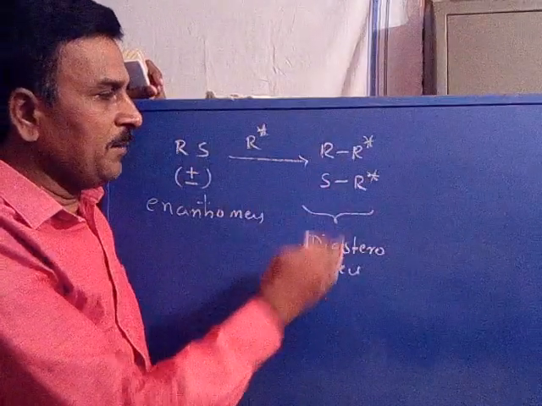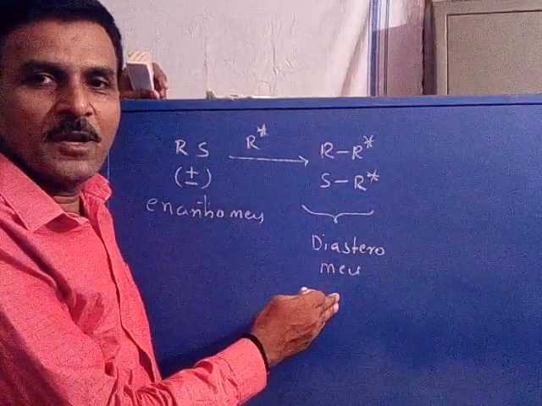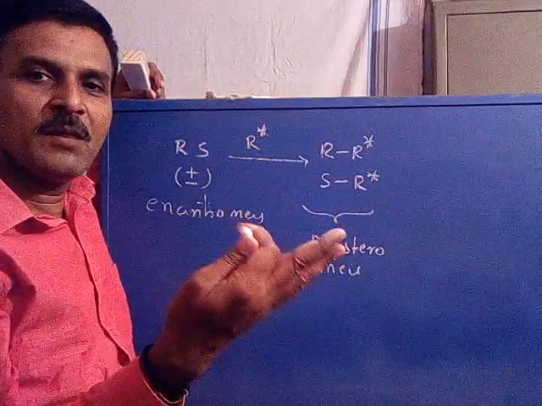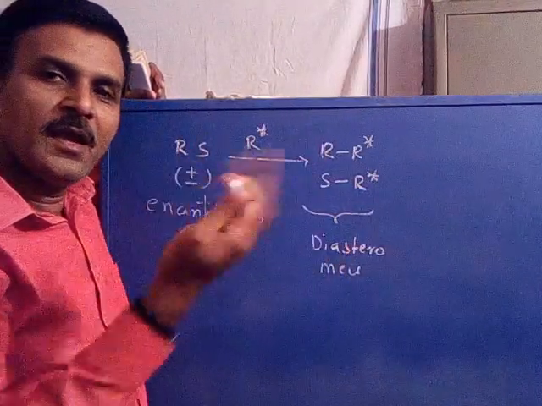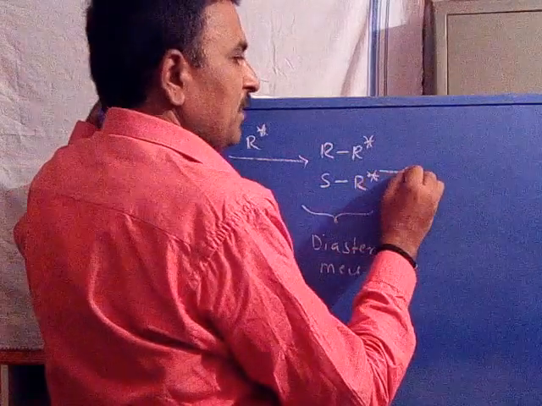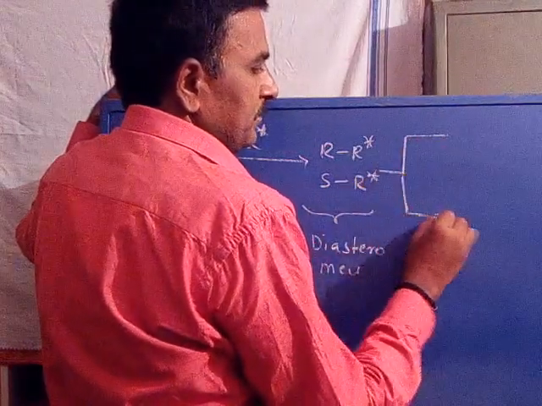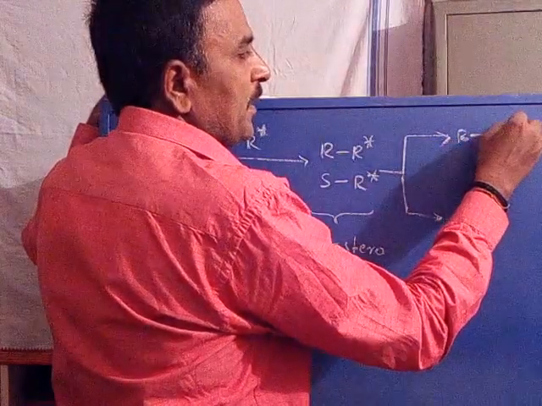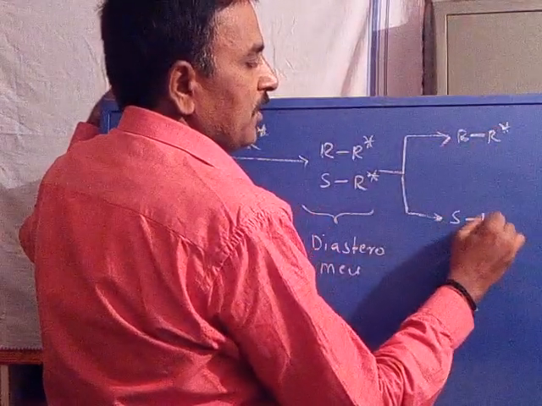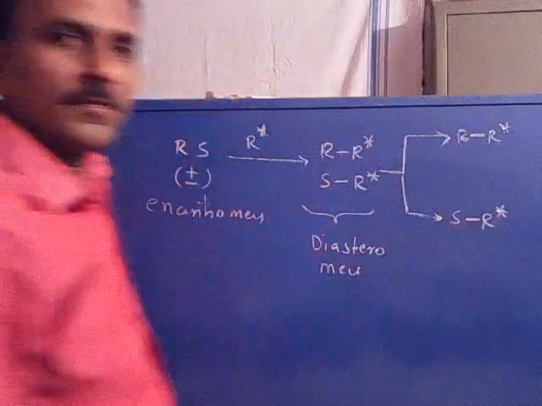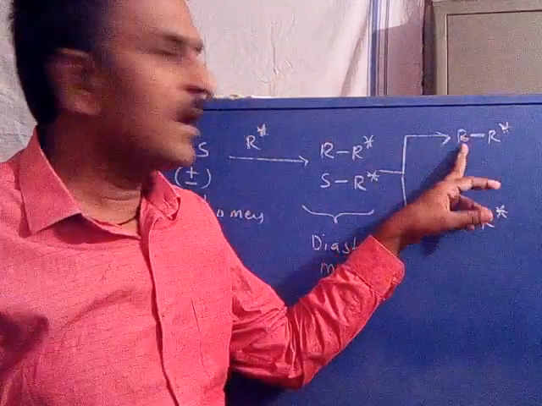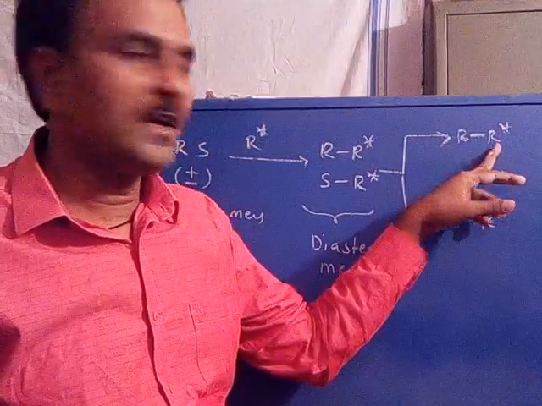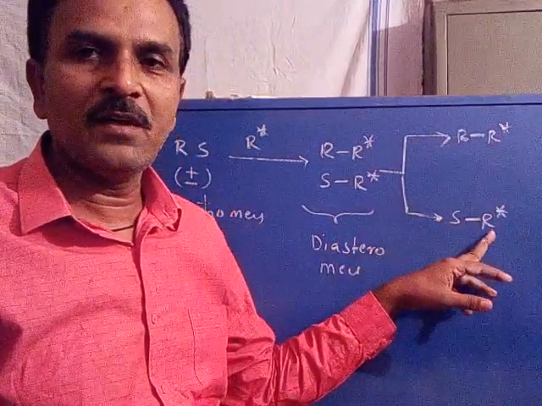Now, the isomers present in the diastereomeric mixture differ from each other in their physical and chemical properties, hence they are separated. R R star and S R star appear separately. Here the R isomer reacted with R star, the reagent, and the S isomer reacted with R star.